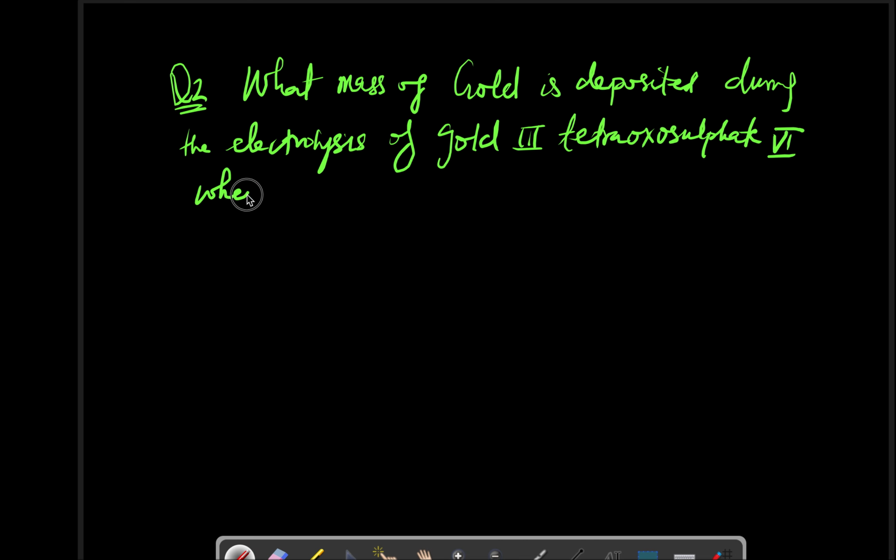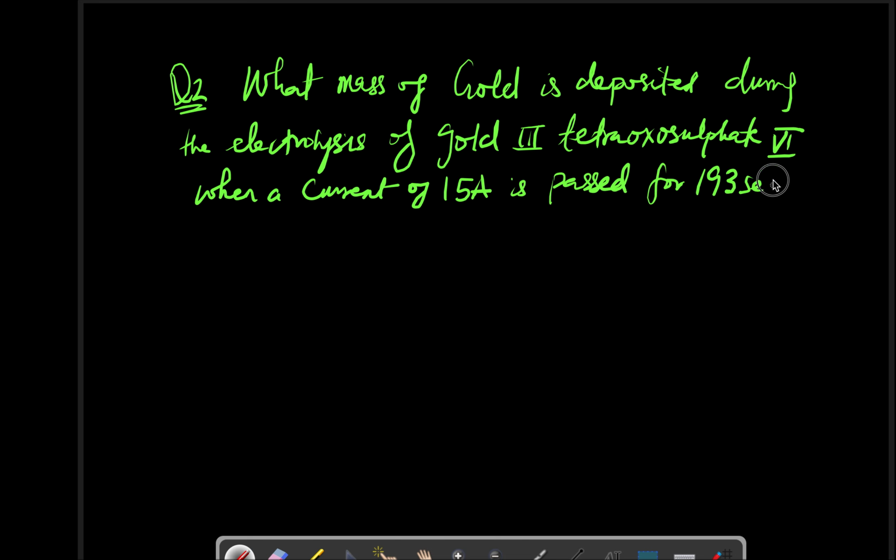When a current of 15 ampere is passed for 193 seconds, then they have given you the molar mass of gold to be equal to 197.